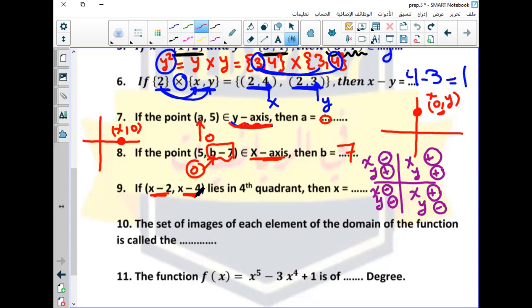We should choose the number which makes x minus 2 positive and x minus 4 negative.